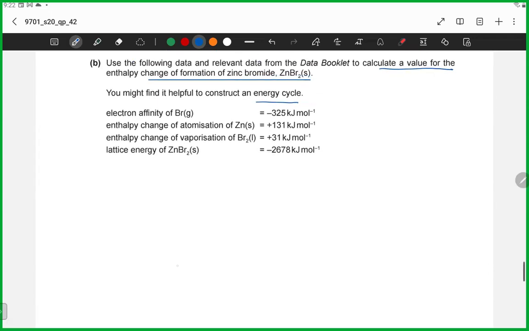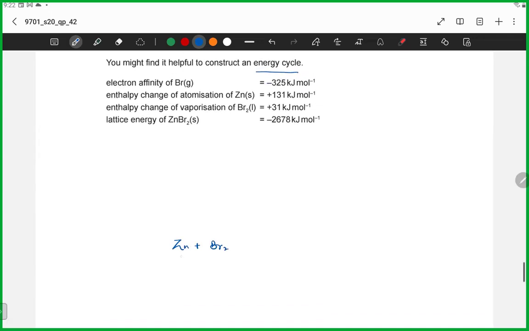Of ZnBr2. So we're going to start with the elements. The elements are zinc, which is solid, and bromine, which is a liquid. And together they're forming ZnBr2, now that's your delta HF, enthalpy of formation.